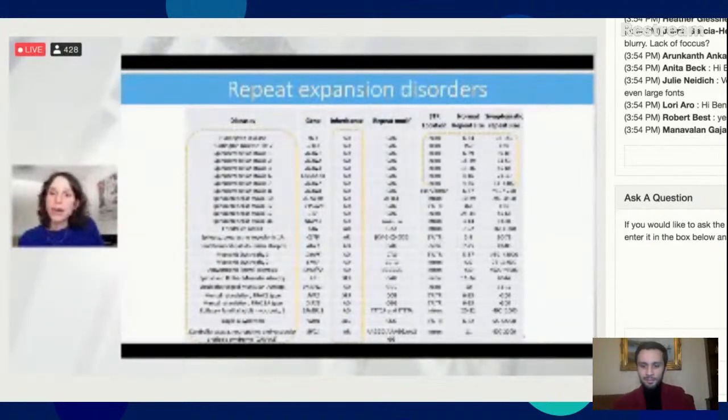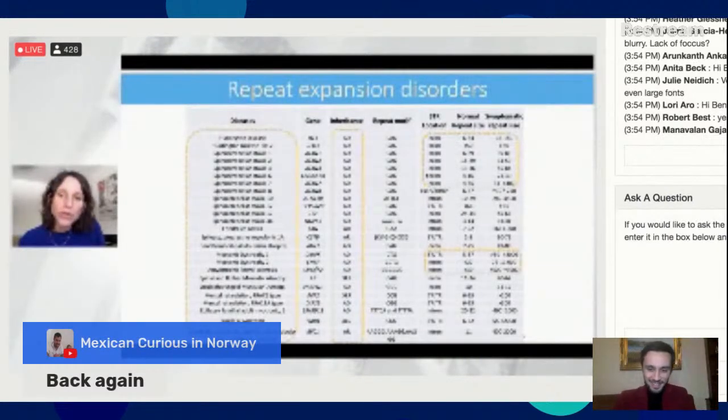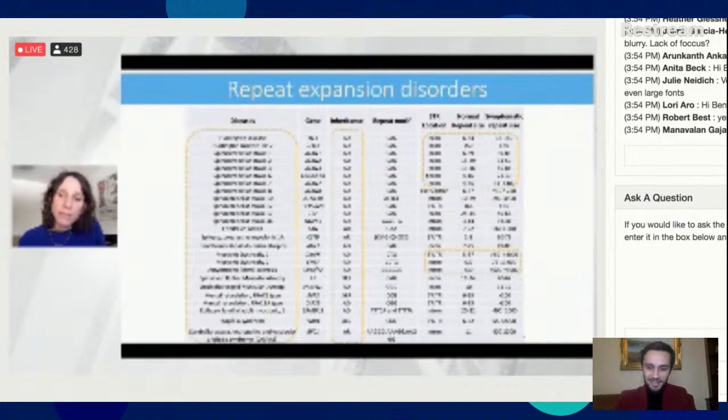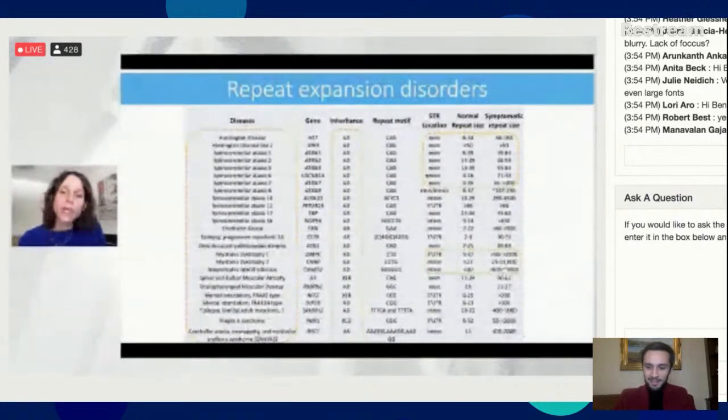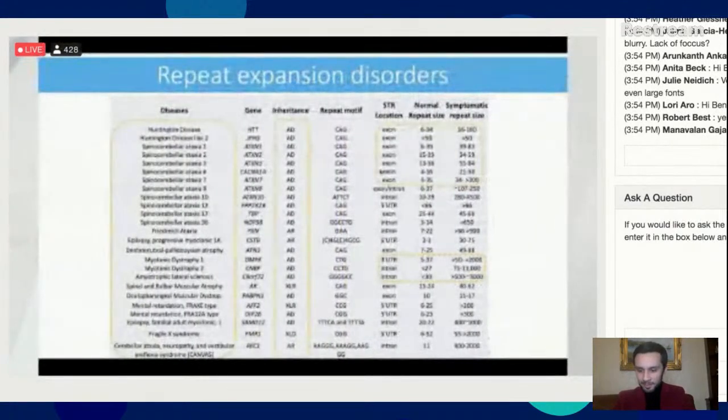For STRs that are exonic, the expansion involves a few repeat units, whilst for expansions that are in the intronic or UTR regions, the expansion involves a few hundred, sometimes thousands of repeat units, causing a massive change in the size of the STR from normal to abnormal.